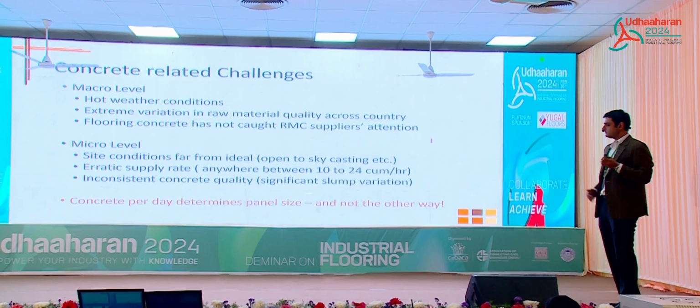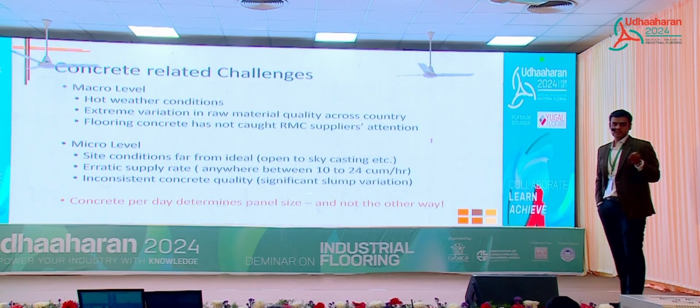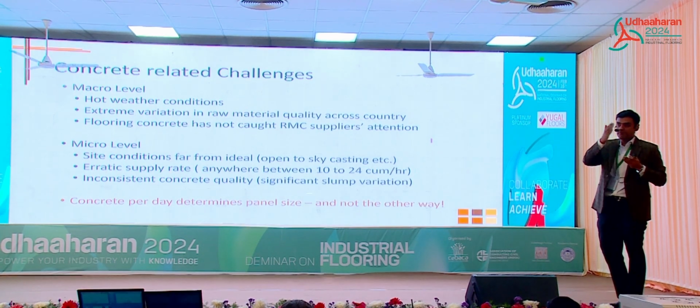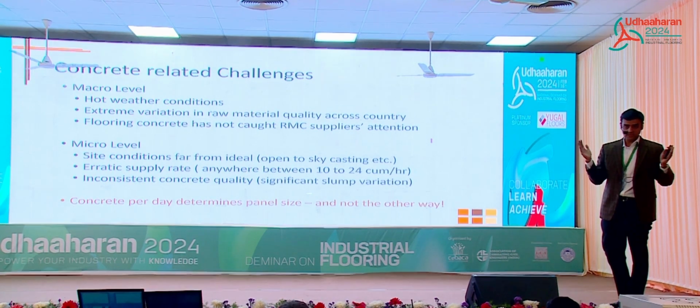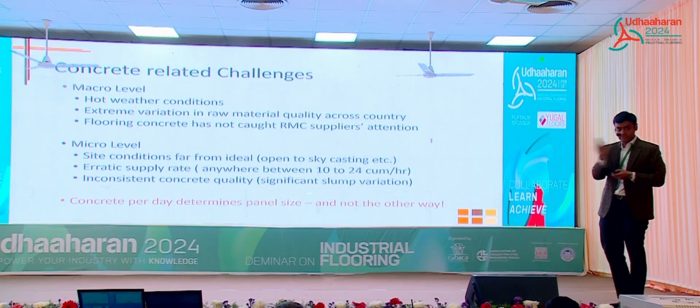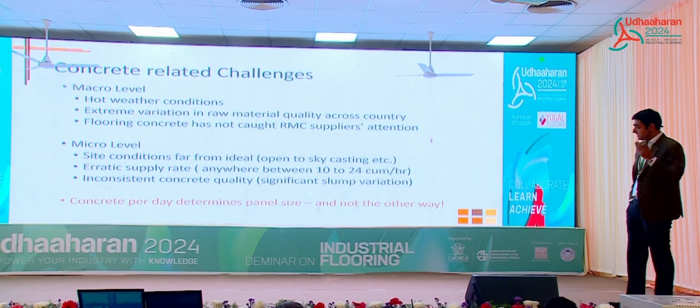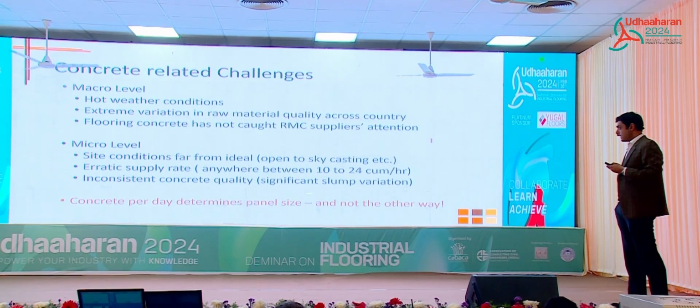Their typical shift is 8 hours, so they typically pour about 400 to 500 cubic meters a day. And if a pour is exceeding 100 cubic meters, I start to get nervous, because I know there's going to be some breakdown or some failure at some point in the project, because above 100, 120, the consistency becomes a concern.